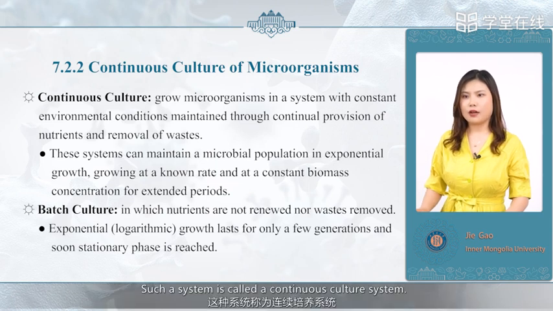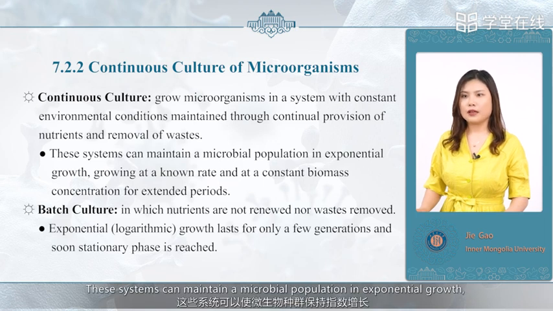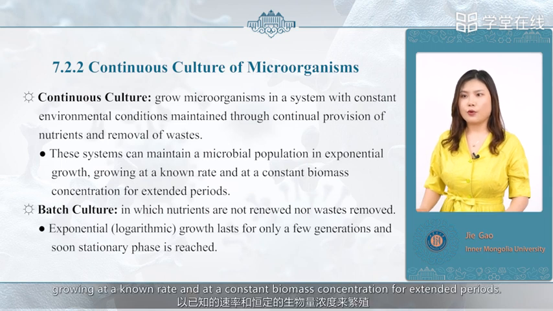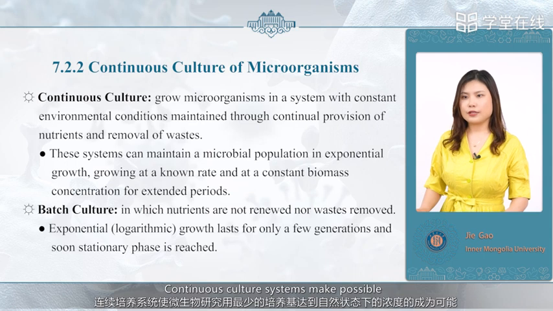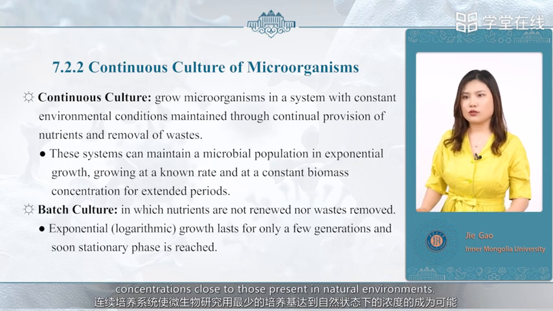Such a system is called a continuous culture system. Those systems can maintain a microbial population in exponential growth, growing at a known rate and at a constant biomass concentration for extended periods. Continuous culture systems make possible the study of microbial growth at very low nutrient levels, concentrations close to those present in natural environments.